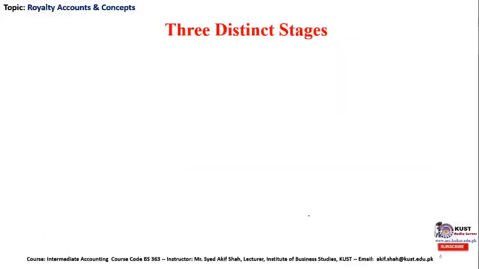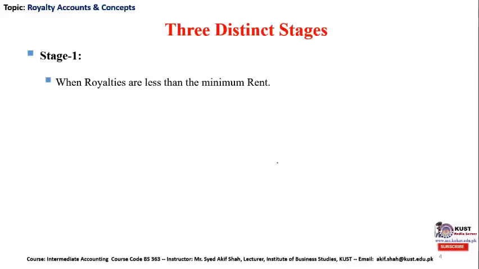So let's say we have basically three distinct stages for recording entries in the lessee's books of accounts. Stage number one is when the royalties are less than minimum rent. Like let's suppose minimum rent is 10,000, whereas the royalty in the first year comes up with 8,000 or 7,000 or whatever amount which is less than the minimum rent.